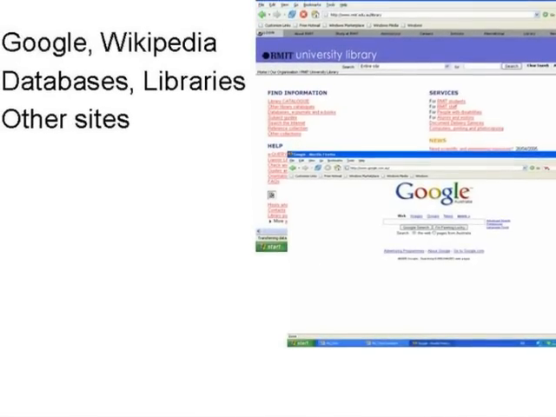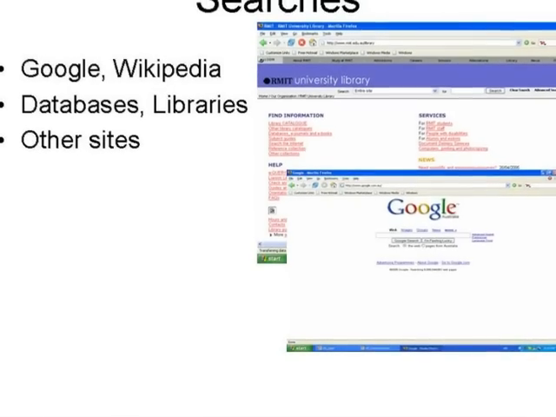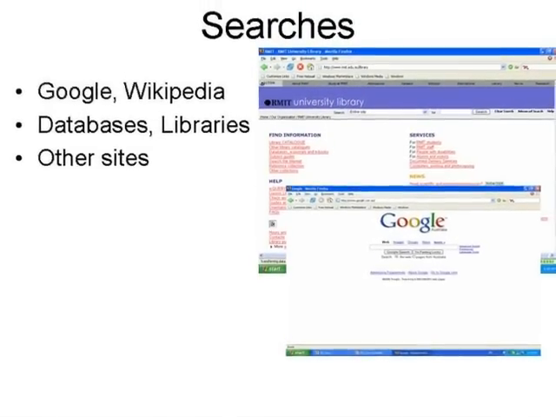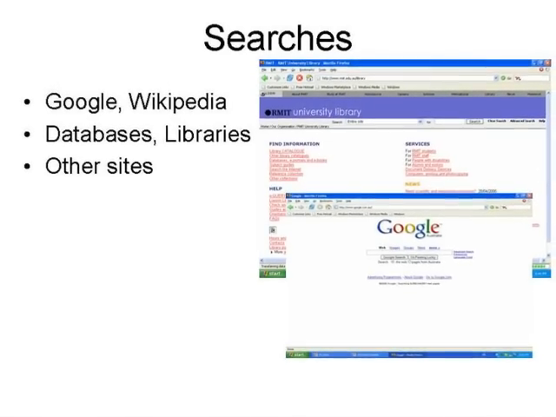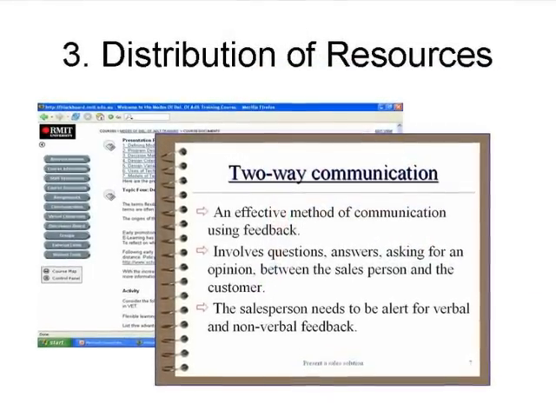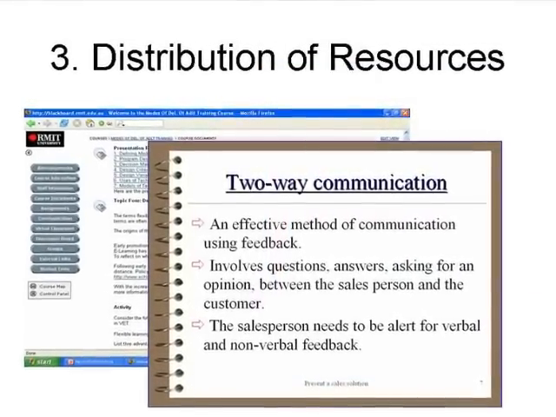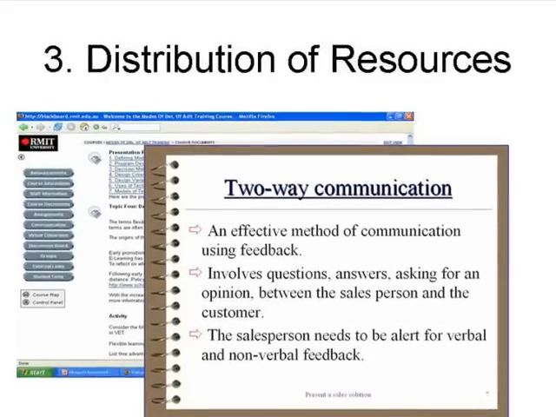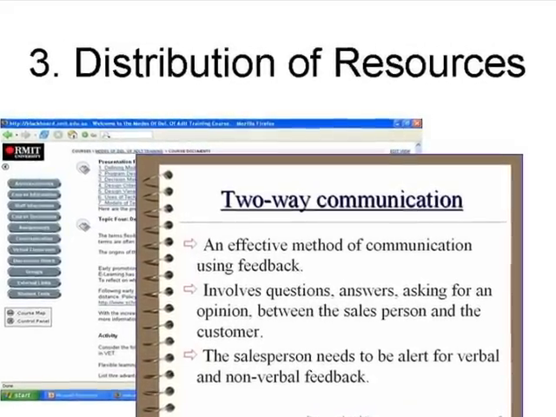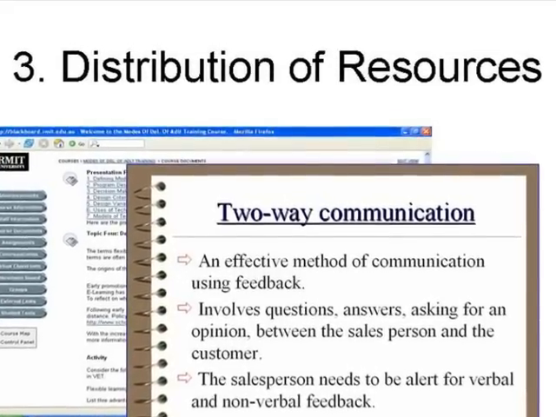Digital searches are commonplace, whether it be through a large international search engine such as Google or Wikipedia, or through internal search engines associated with libraries. Learning and assessment resources can be distributed either through learning management systems such as Blackboard or the open source software Moodle, through email communication, or through other software such as wikis and blogs.